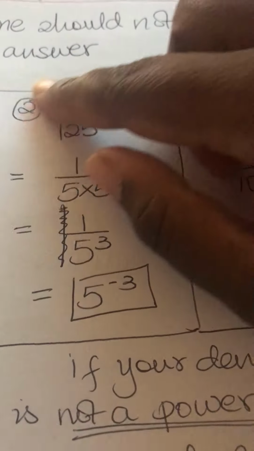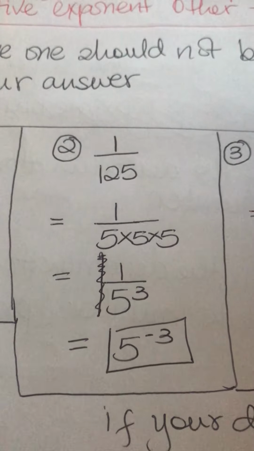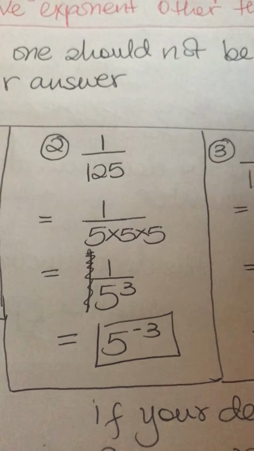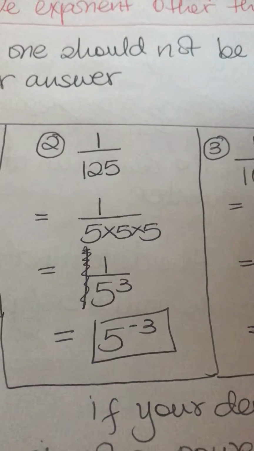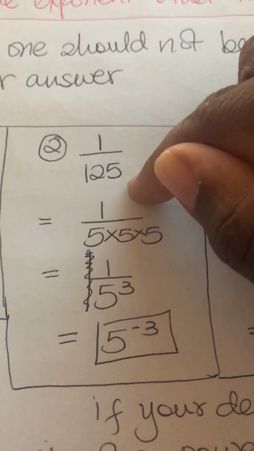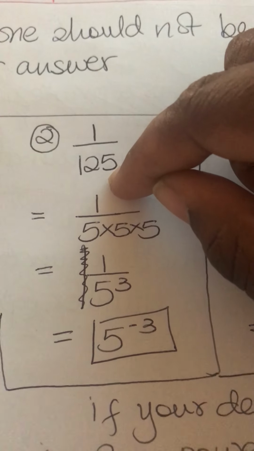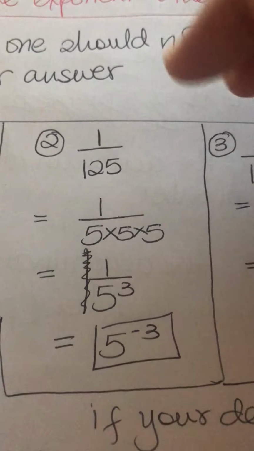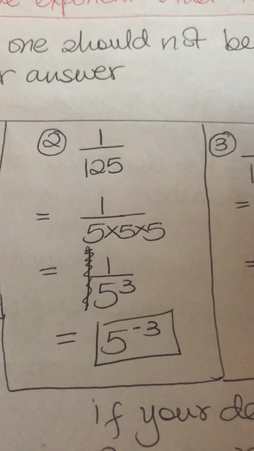Now you have this fraction, 1 out of 125. When you have your denominator, try and see which numbers you can multiply by themselves to give you the denominator. So if it ends with 5, try with 5s, like 25 times 25, or 5 times 5, or 15 times 15.